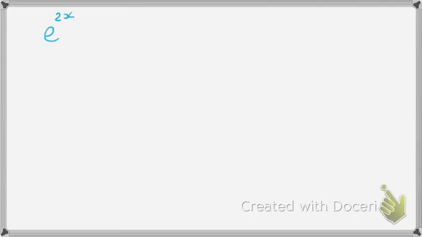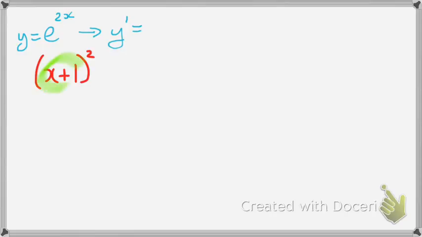Let's say that y is e to the 2x, and we want to differentiate this. Now this is like the chain rule. It's like an inside function all to a bigger function.